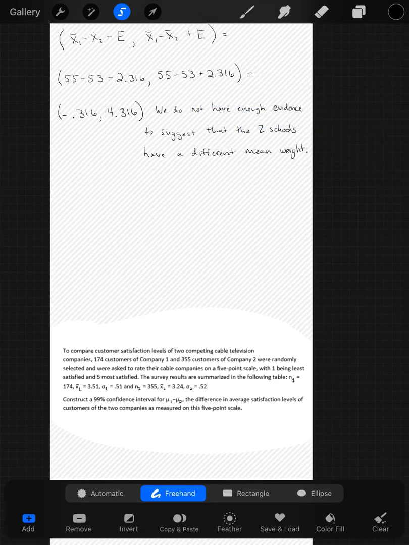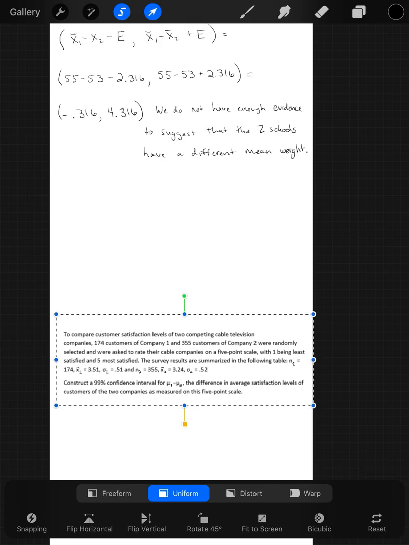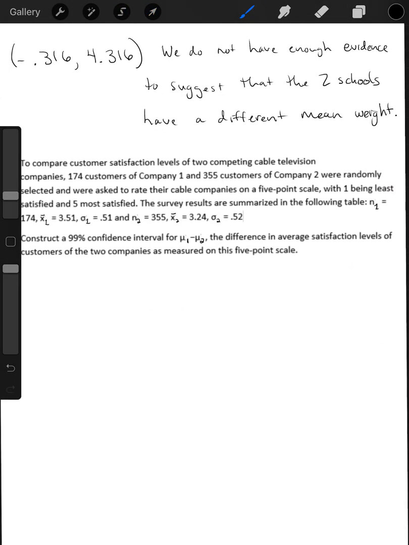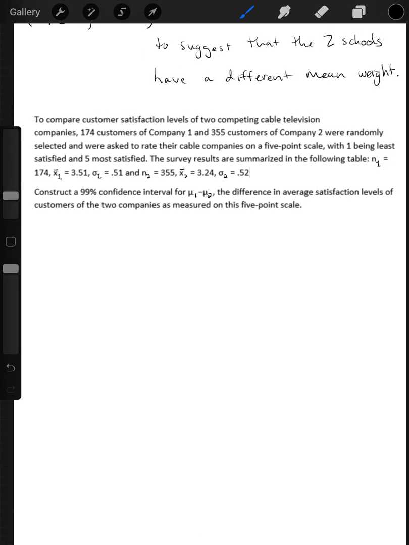So let's do this problem. And I had to do some editing here because my subscripts didn't come through. So this is another reason why we might compare some things, is to figure out which of two different television companies gets a better score, right? So in this case, we have 1 and 2 again.